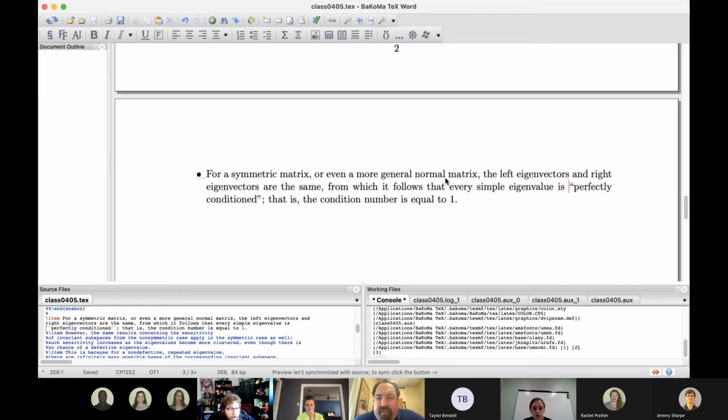So the angle between them is 0, and the cosine of 0 is 1. So the condition number of an eigenvalue of a normal or symmetric matrix is always 1. So we could say that at least simple eigenvalues, so non-repeated eigenvalues, are perfectly conditioned. So they're quite insensitive to perturbations, which is backed up by the theorems I showed you previously.